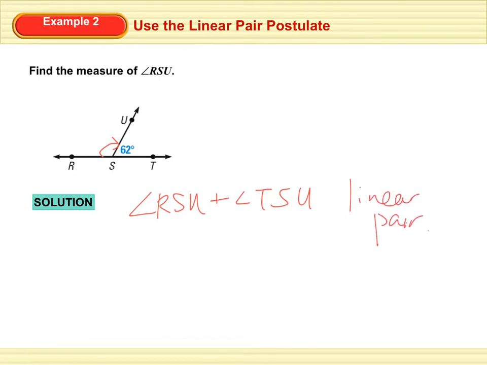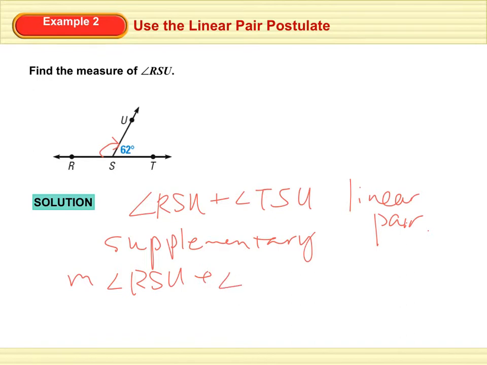Because they form a straight line, a segment between RT, for example. So by the linear pair postulate, they are supplementary, meaning the measure of RSU plus the measure of TSU should equal 180 degrees.